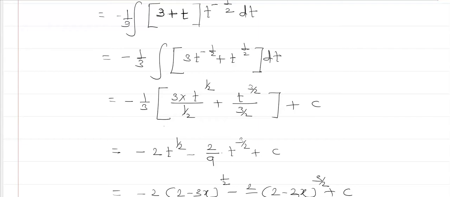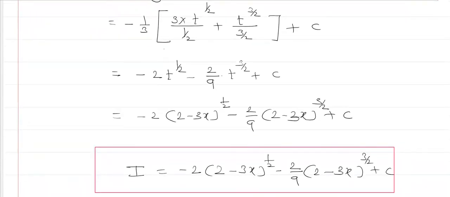This 3 gets cancelled, and this will become multiplied by the reciprocal. You will get minus 2t raised to 1 upon 2, and here minus 1 upon 3 is multiplied with t raised to 3 by 2 upon 3 by 2. It will become minus 2 upon 9 t raised to 3 by 2 plus c.